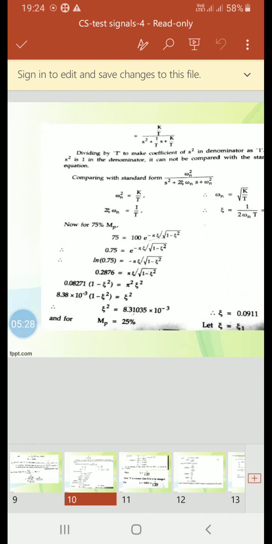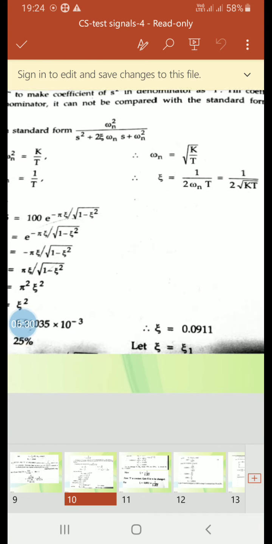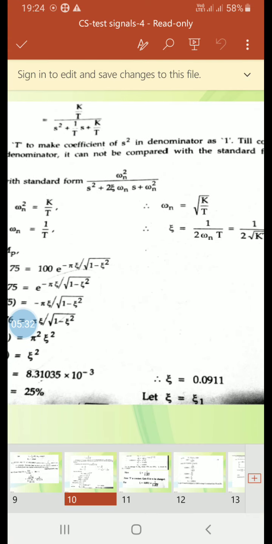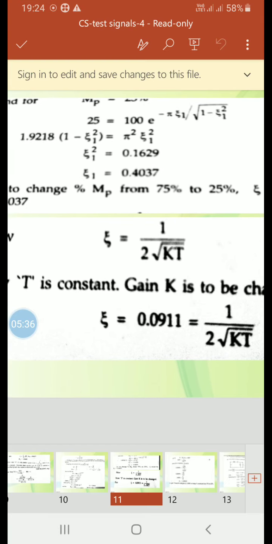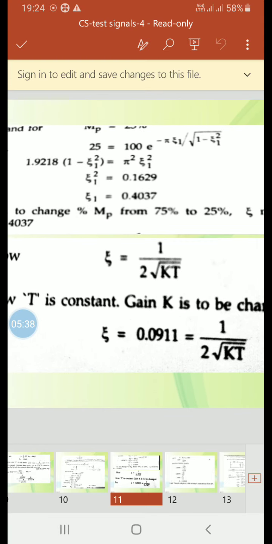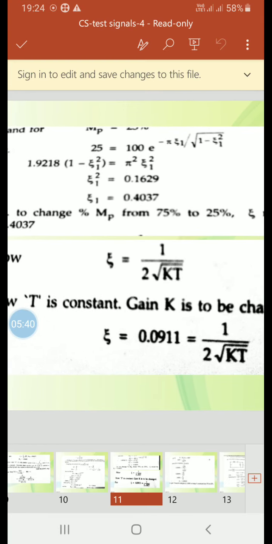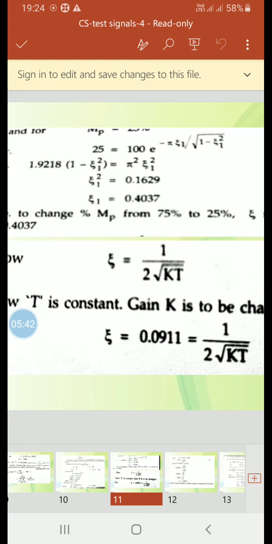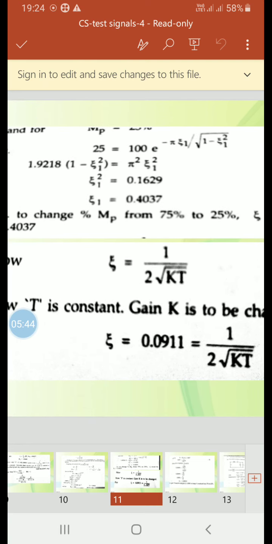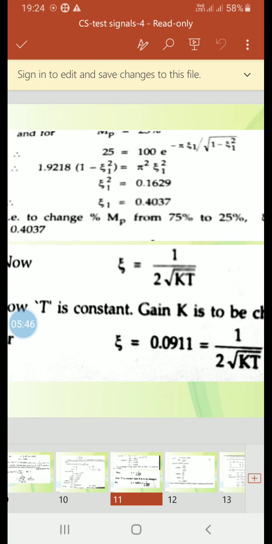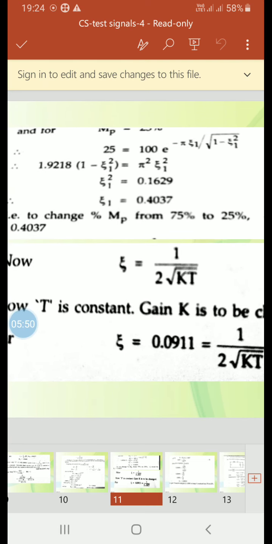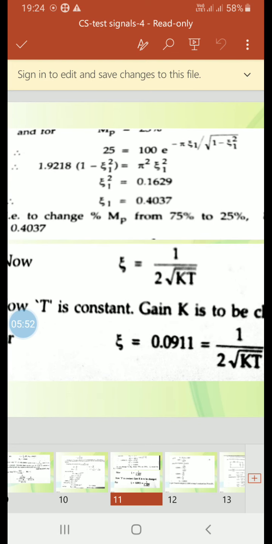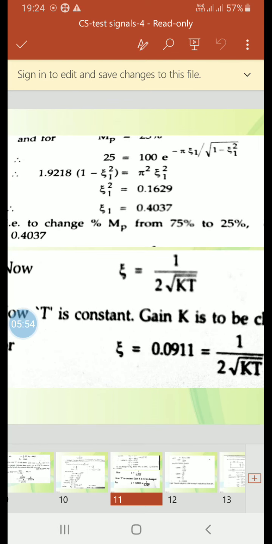Now for Mp equal to 25%, let the damping ratio be damping 1. 25 is equal to 100 e raised to minus pi damping ratio divided by root of 1 minus damping 1 square. 1.9218 into 1 minus damping 1 square is equal to pi square damping 1 square. Therefore damping 1 square is equal to 0.1629.